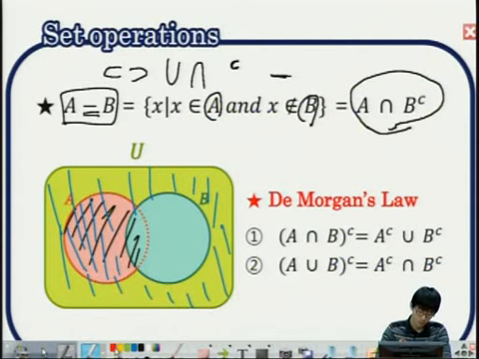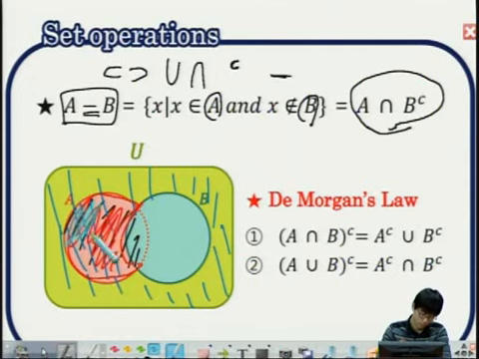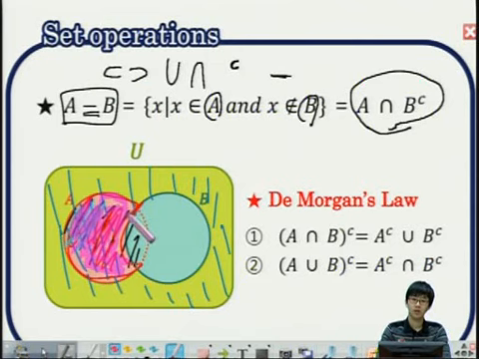The answer will be this thing. Colors are not good. Right? This one. Can you follow me? So this part, without this intersection, is A minus B. Actually, it's not minus. It's the difference set of A and B.